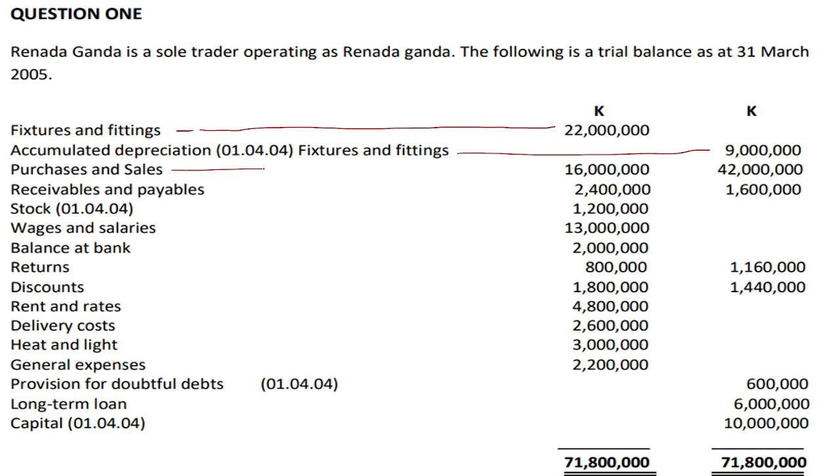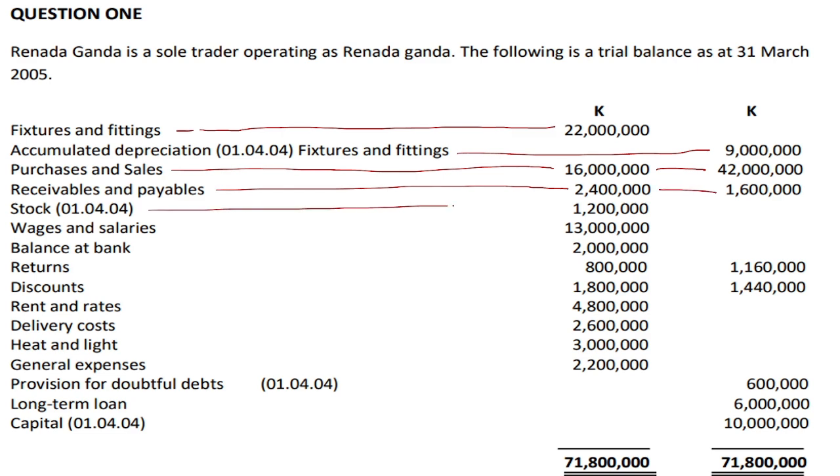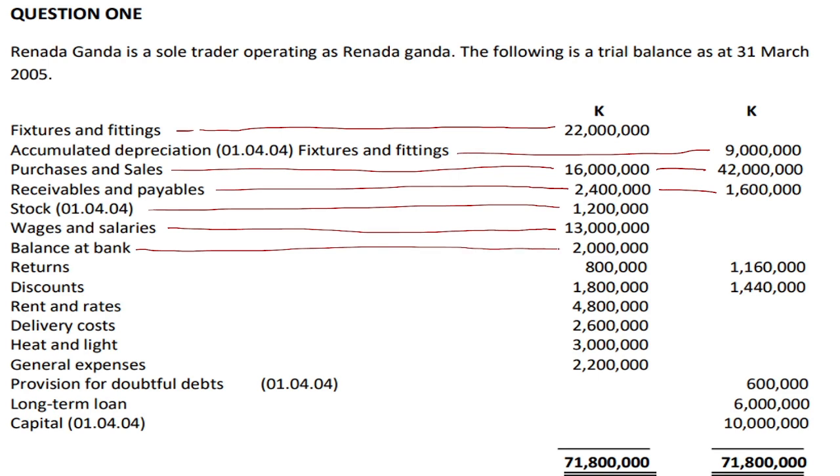Yes, sure. Then next, we have got opening stock, which is 1.2 million. Then we have got wages and salaries, which is 13 million. Then balance at bank, which is 2 million.